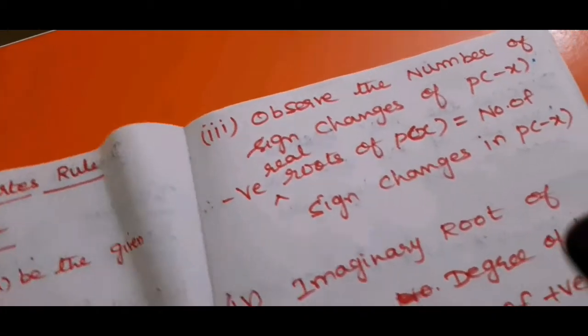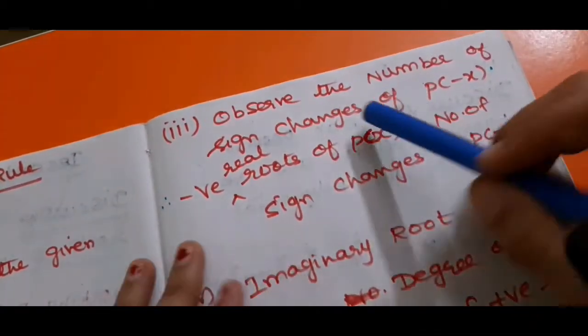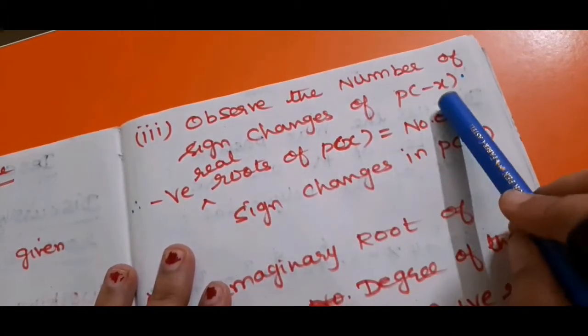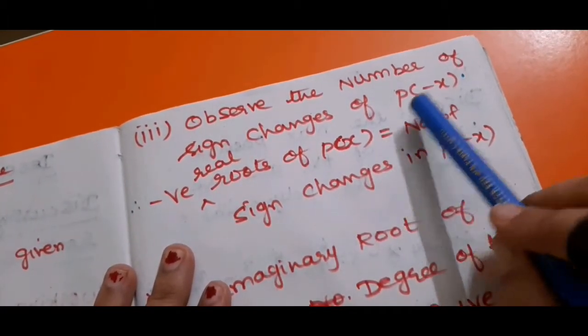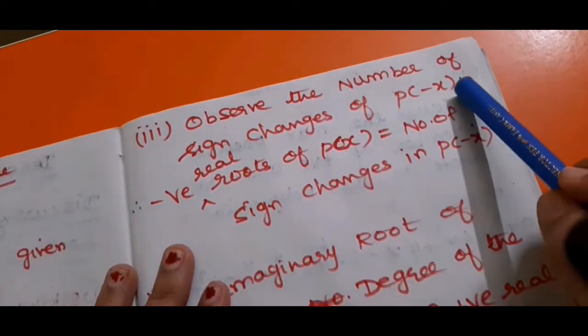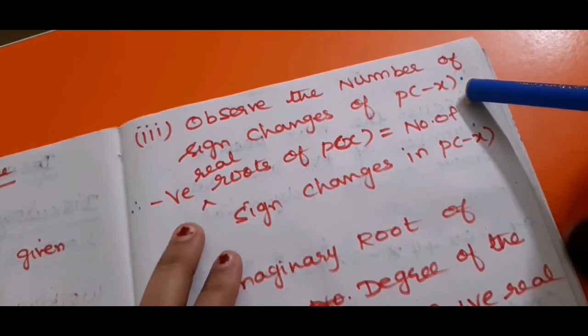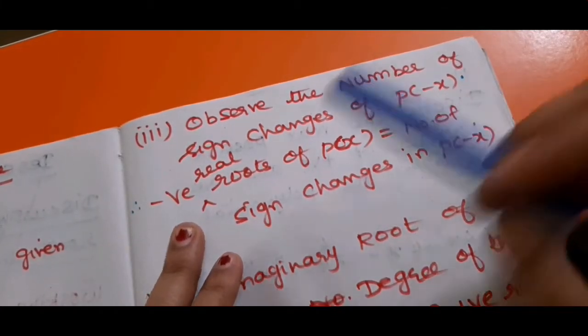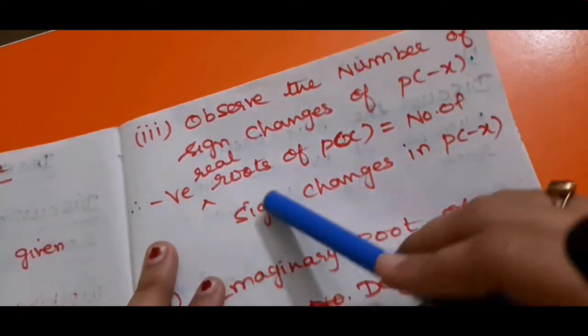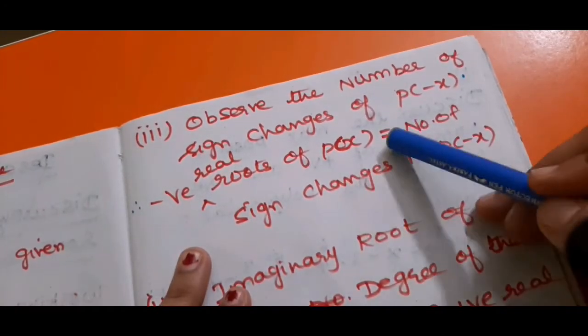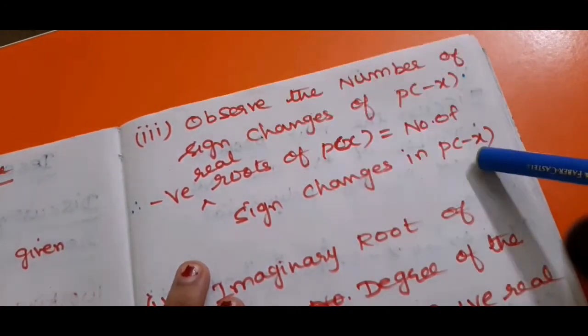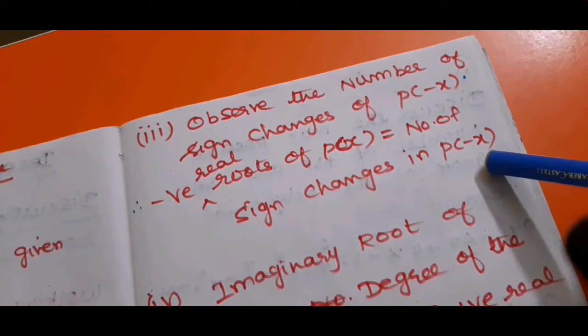Then again you have to observe the number of sign changes of p of minus x. That is, all the x should be replaced by minus x in p of x. Then the number of negative real roots of p of x is at most the number of sign changes in p of minus x.